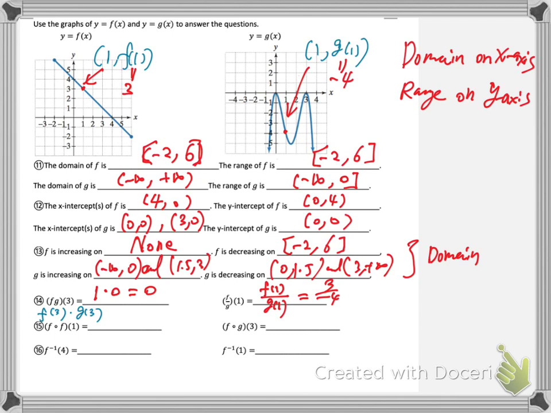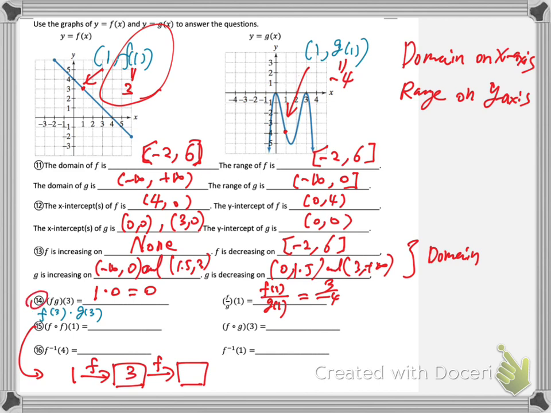Now the next point is f compose f of 1. So let's do it here. This is 1, and we need to know where f of 1 is, and then where f sends that point again. F of 1 we already know is 3. And then f of 3, we already did it in question 14.